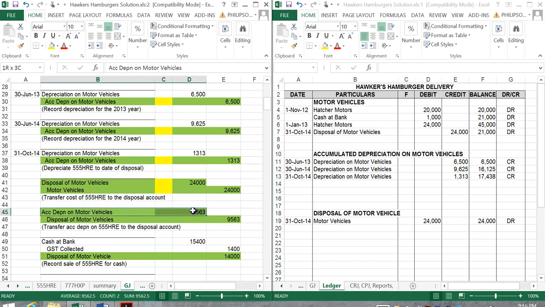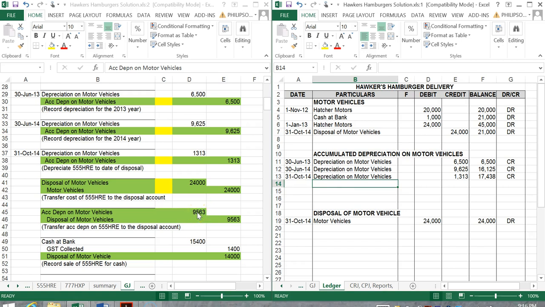Okay, moving on. Accumulated depreciation, same date. So we're sending 9563 debit to accumulated depreciation account with particulars of disposal. So we're taking a debit away from the credit, so equals that minus 95, but it's still a positive accumulated depreciation balance, so it's still a credit.